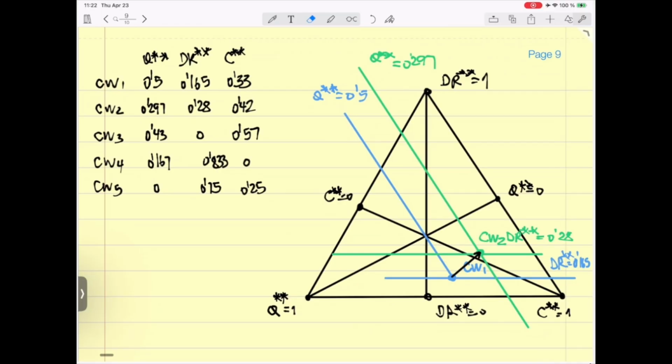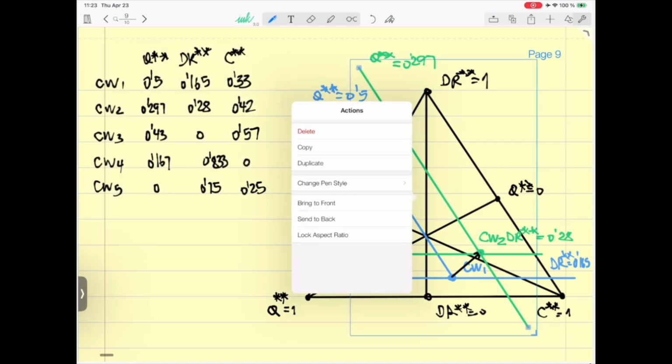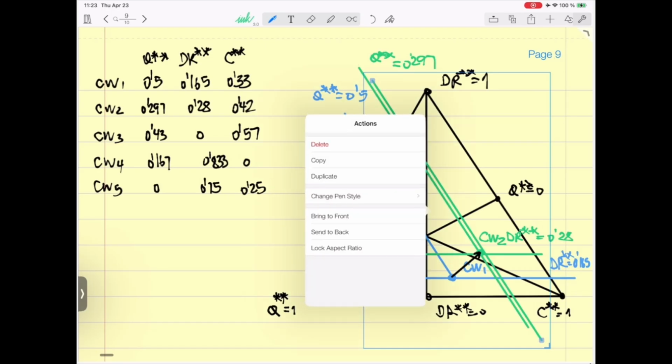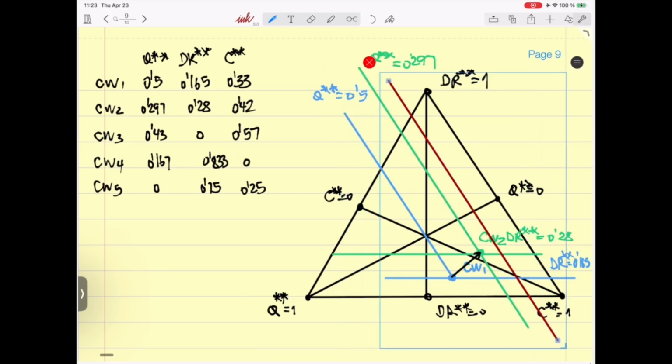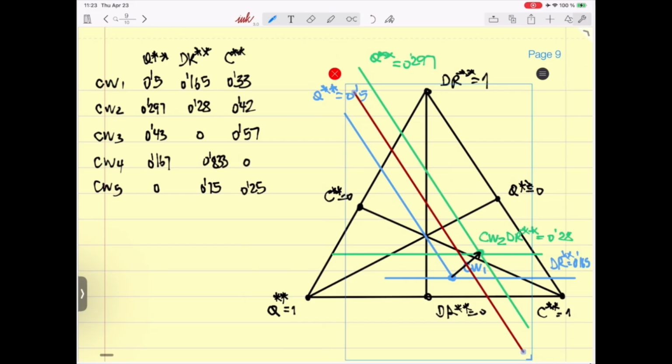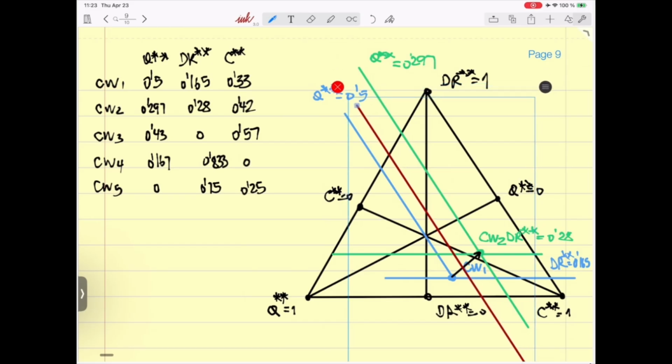So for calendar week 3, it's a little bit easier because we know that all these points have a delivery rate 0. So we know that the line is on this horizontal, and the quality is 0.43. We can take that as information. I change the color. This is the quality 0, this is the quality 0.5, so 0.43 is somewhere here.